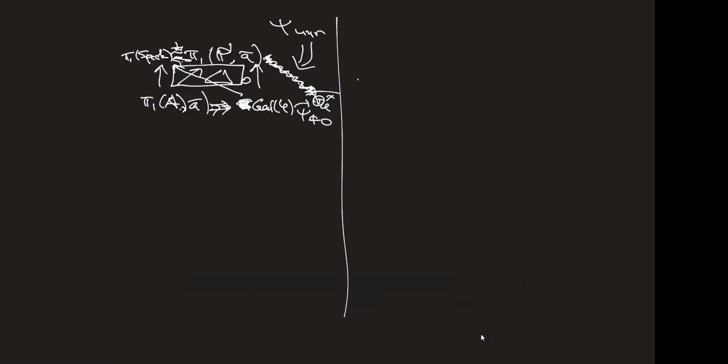P1 doesn't have any Galois covers. That's what's going on here. If it's unramified, you can add this point at infinity. There's no covers of P1. That's the entire point.